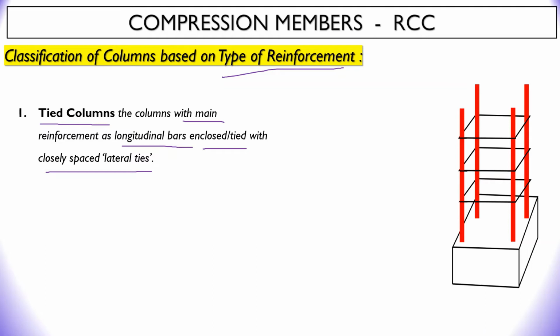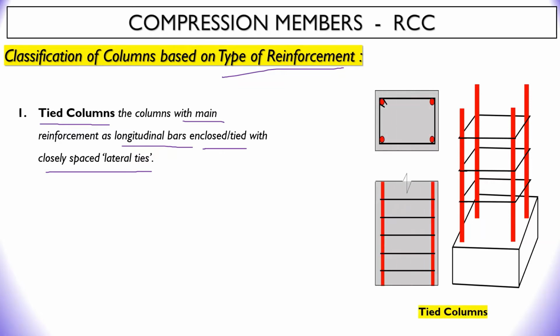These lateral ties you have to design, as well as the reinforcement, and accordingly we can classify that columns having ring type lateral ties are termed as tied columns. And this will be the plan as well, the cross-section diagram basically.